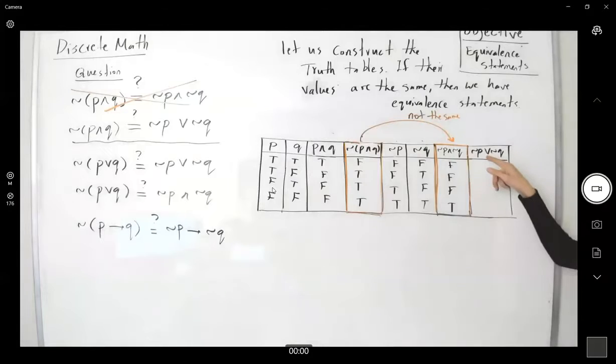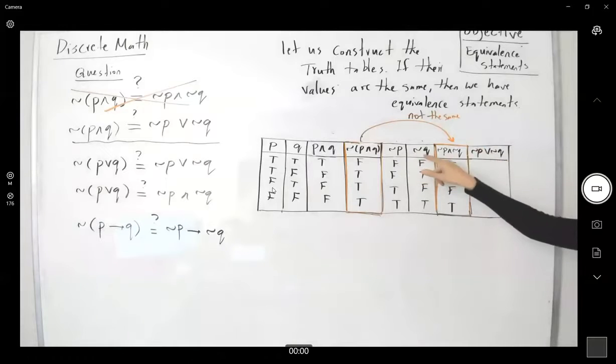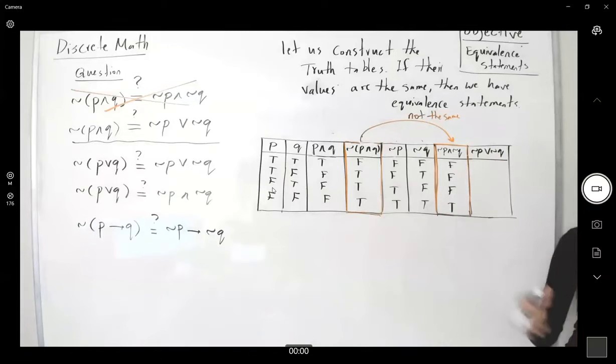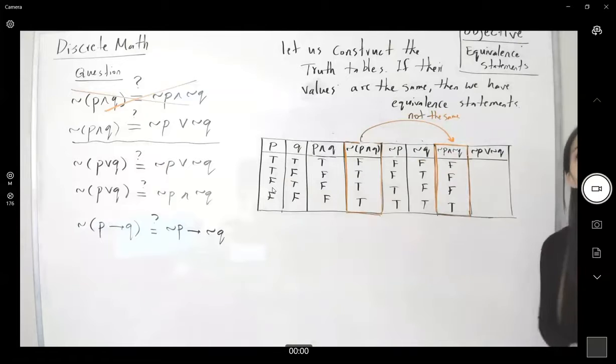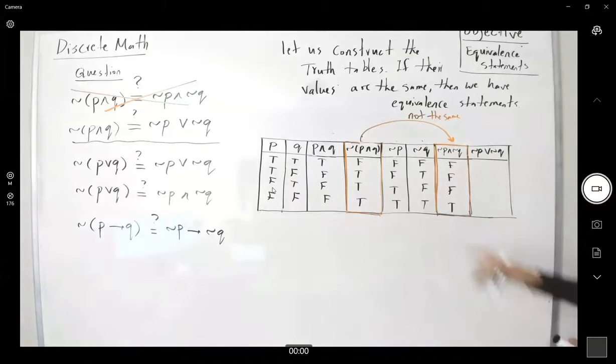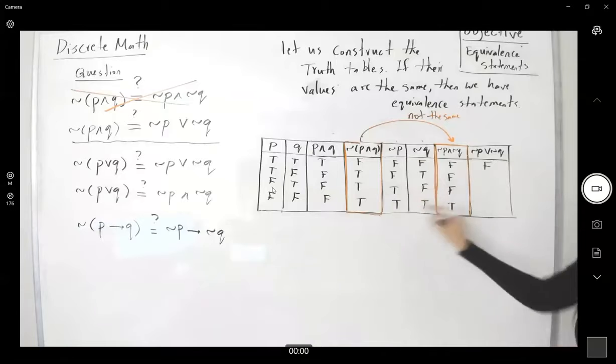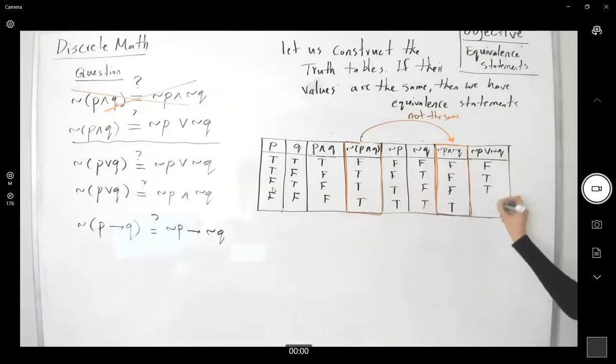Well, what if I combine not P, not Q using or? Well, I know that or is false if and only if both of the statements are false. These two are false, so or is going to be false. For the rest of them, it's going to be true.